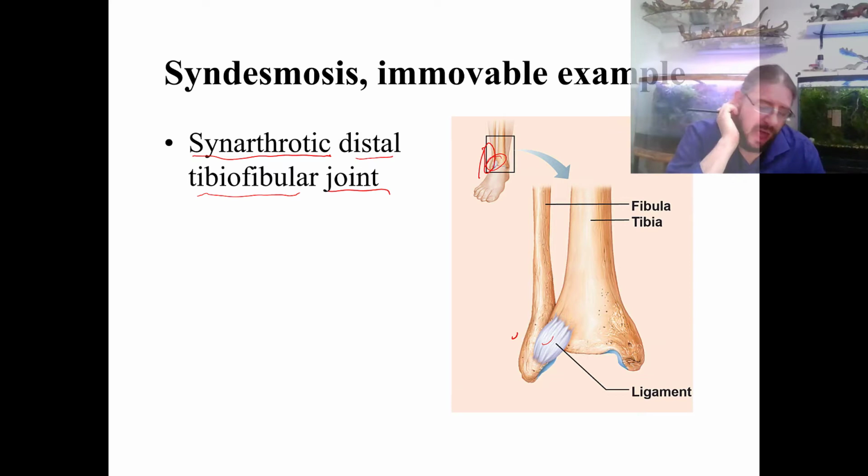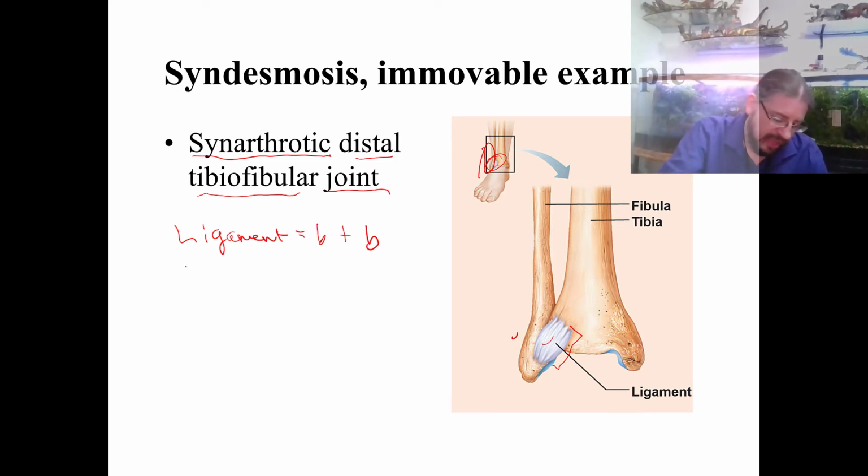Okay, so this has extremely limited movement. Basically none. You can see these bones are up against each other, and it is a very short length of ligament. So remember ligament, that is bone to bone, whereas tendon is muscle to bone.